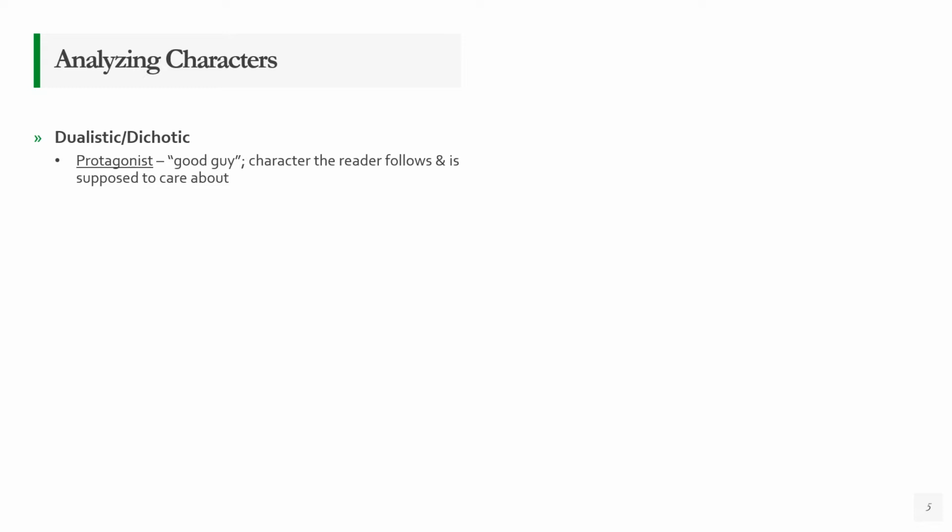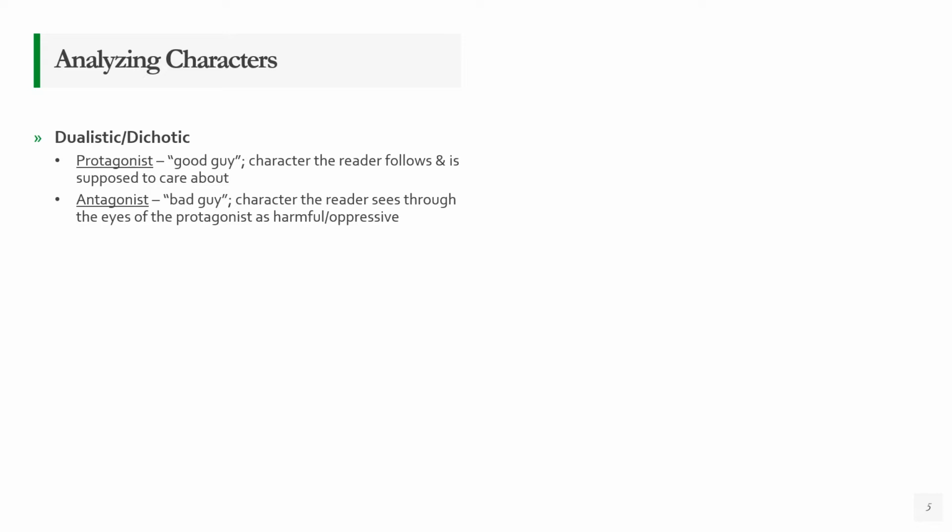The opposite of the protagonist, the other side of that dichotomy or dualism, is if you have a good guy, you have to have a bad guy, quote unquote. The more proper term for this is the antagonist. It's someone who is the opposite of the protagonist, someone that the reader looks at through the eyes of the protagonist, and they are usually opposed to one another.